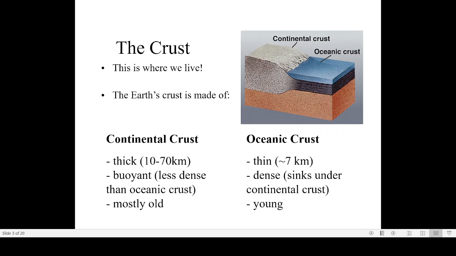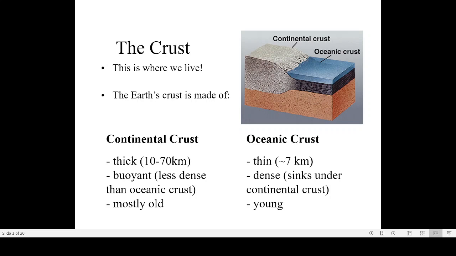You can simply say that the oceanic crust is more tightly packed, whereas the continental crust is not so tightly packed. It has less density compared with the oceanic crust. So that is one basic difference between continental crust and oceanic crust.